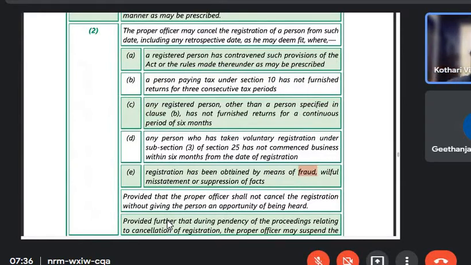Or a person who has taken a voluntary registration has not started the business within 6 months from the date of registration, then also the proper officer can cancel the registration. Or if the registration is obtained by means of fraud, willful misstatement or suppression of fact, then also the cancellation can be done by the proper officer. So 5 situations are there for cancellation by the proper officer with the current date or retrospective date.